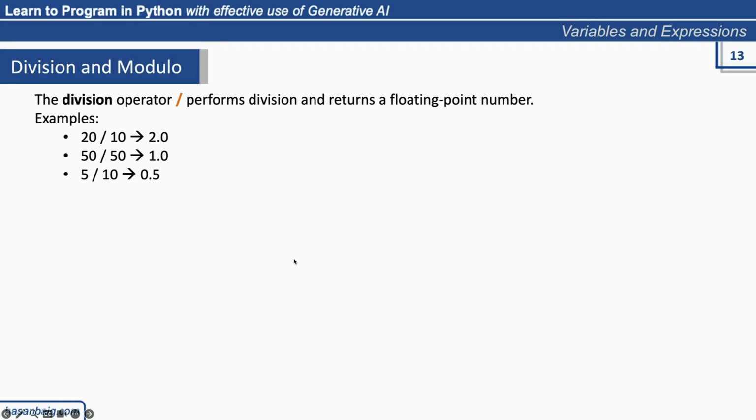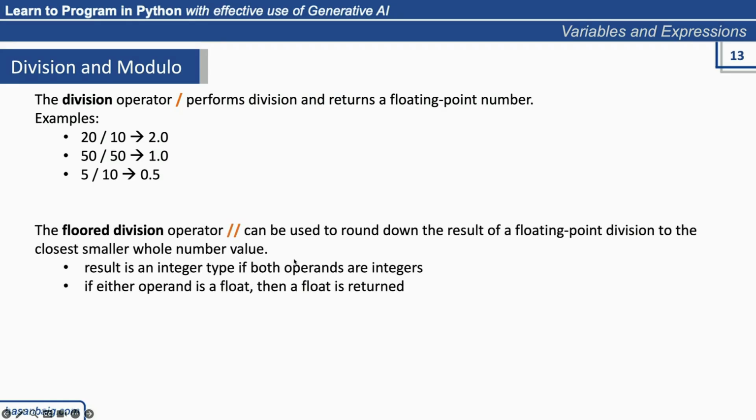Then we have another operator, we call it floor division, with a double forward slash. It truncates the decimal part, it drops the decimal part, and the result is an integer type if both operands are integers. If either of the operands is a float, then the outcome will also be a float.